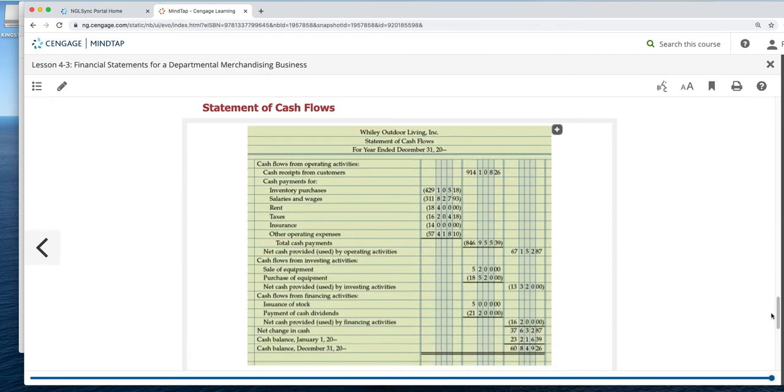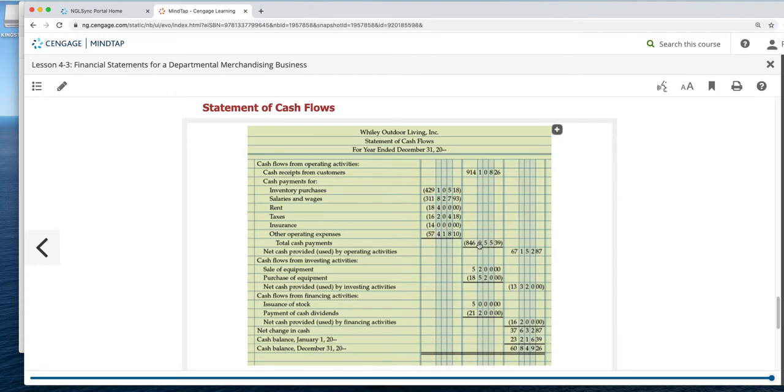Statement of cash flows. Okay, so this is going to be pretty much all from the directions. You're going to have a section where it might say receipts from customers or cash sales to customers. And then we're going to have all these different payments. Our payments will be in parentheses, meaning we need to subtract them.